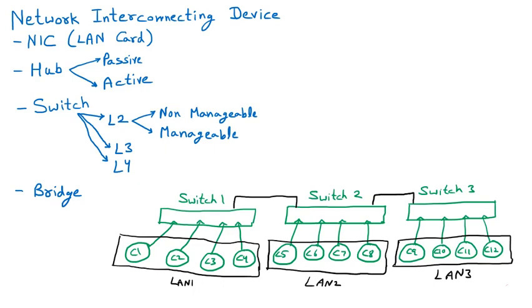No problem. The problem happens, you see, if C1, this particular computer, wants to send the data to C11. Now what is happening? First of all, it will go to the switch. Now, the switch will find whether C11 is there in its own network.